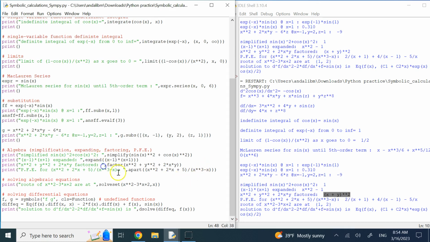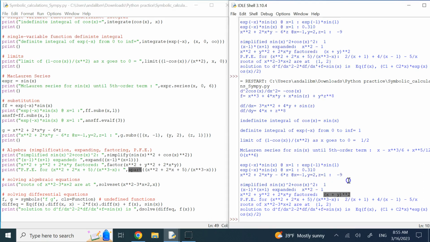And this is something that we use a lot in controls, in limits, and so on. And here I have this quadratic term over this cubic term, where the roots of the cubic term are, as you can see, 0, 1, and -1. The command for it is called apart. In MATLAB it is called residue. But here, this apart command, as you can see, is going to give us the partial fraction.